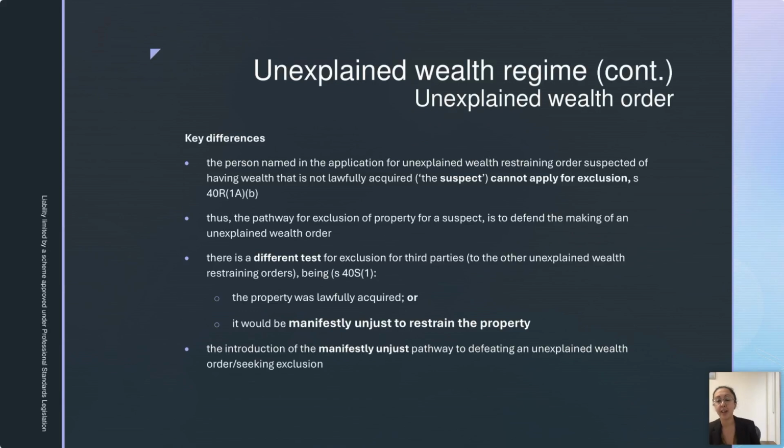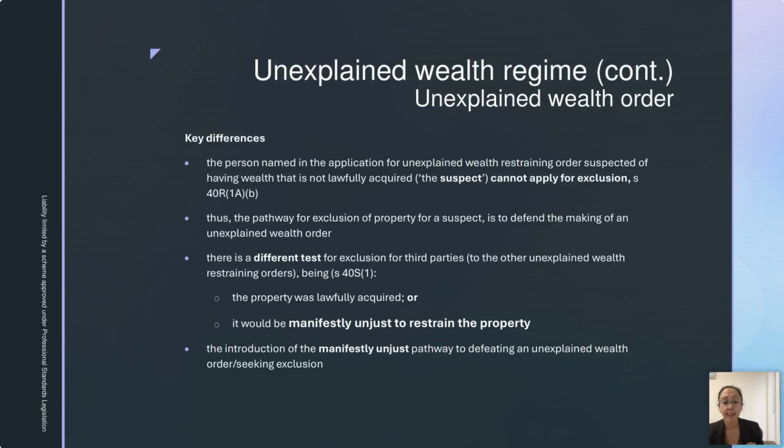It seems that the pathway to ensure a judgment debt is not ordered against you is to defend the making of the unexplained wealth order. Also, like I said before, we've got this introduction of manifest unjustness.